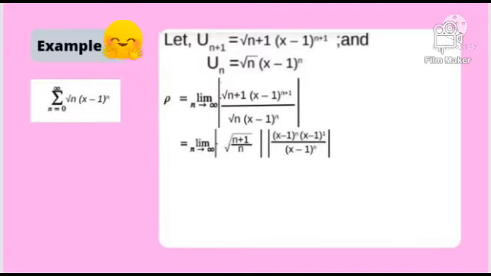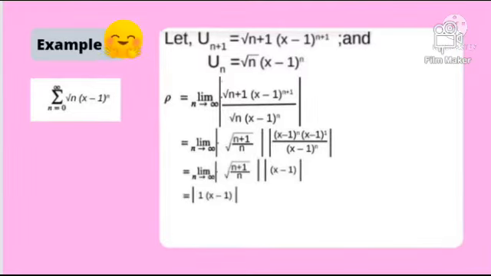So, makakancel natin ang x minus 1 raised to n, and ang matitira na lang is x minus 1 raised to 1. So, limit as n approaches infinity, the square root of n plus 1 over n, and x minus 1. So, in square root of n plus 1 over n, makakancel natin ang n. So, ang matitira natin is 1. So, 1 times x minus 1.